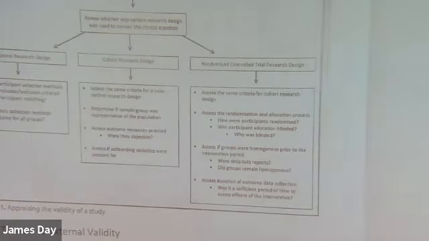It doesn't say that they tried to control any of that. Assuming they're not committing research fraud, they probably didn't do it on purpose, but it's possible that it could have affected that. So that would be a threat to internal validity. The lack of blinding of the researcher would be a threat to internal validity.